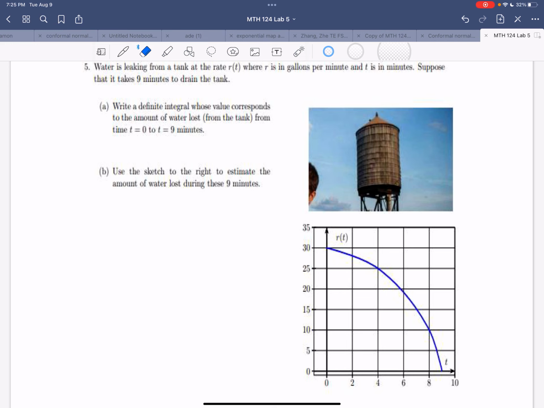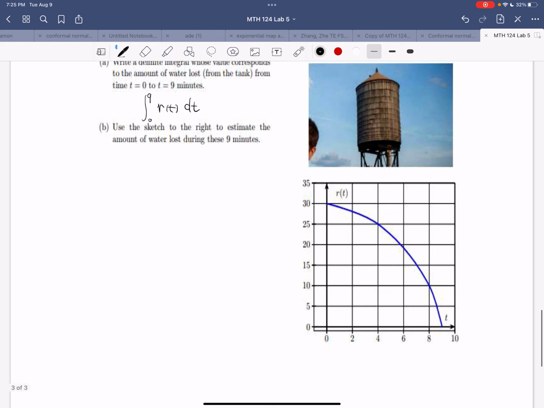So the integral is basically the integral from 0 to 9 of r(t) dt. That's it. And this integral basically asks us to calculate this area under this curve, right?